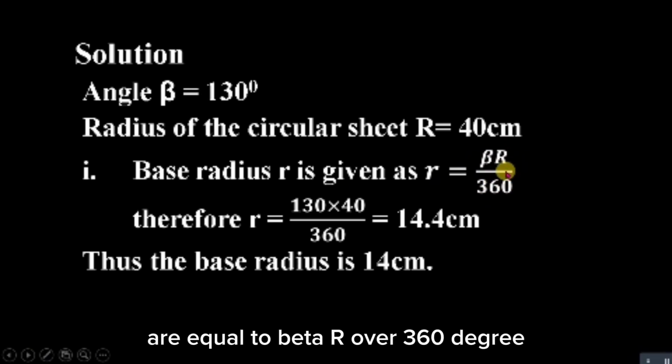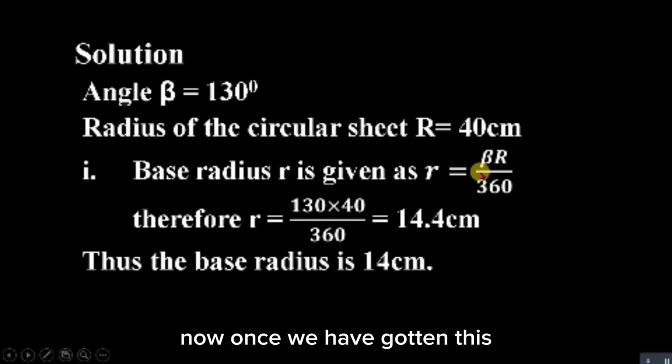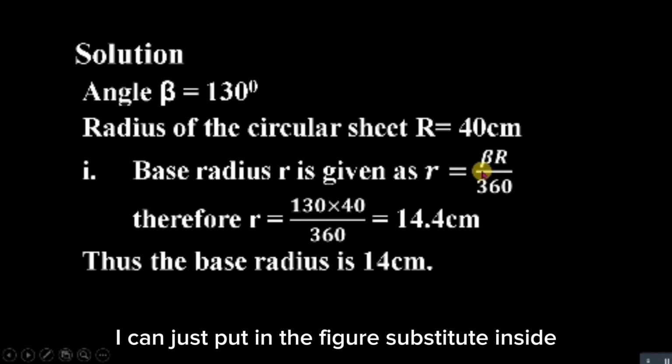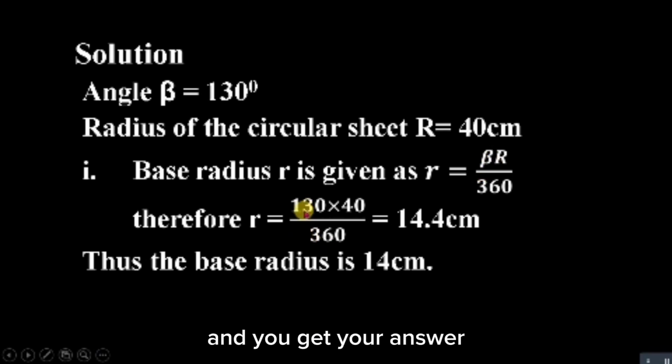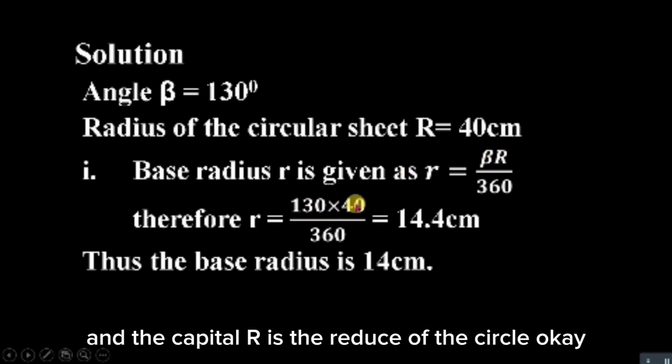Now, once we have gotten this, I can just put in the figures, substitute inside, and you get your answer. So beta is the angle, which is 130, and the capital R is the radius of the circle. Divide by 360, which is the total angle for a circle, and this gives me 14.4.